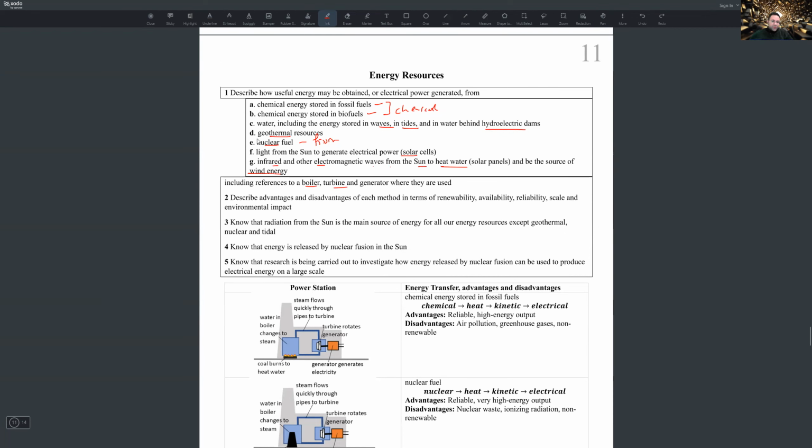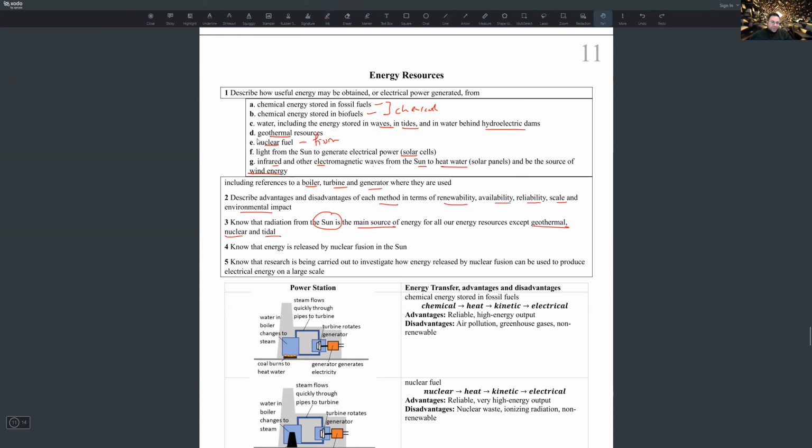Include references to a boiler, turbine, generator, where they're used. You basically have to describe very briefly how each of these work. There are a lot, but they all share the same things, the same common points to talk about. State the advantages and disadvantages of each method in terms of renewability, availability, reliability, scale, and environmental impact. Know that radiation from the sun is the main source of energy for all of the types except geothermal, nuclear, and tidal. All of the other types come from the sun, except these three.